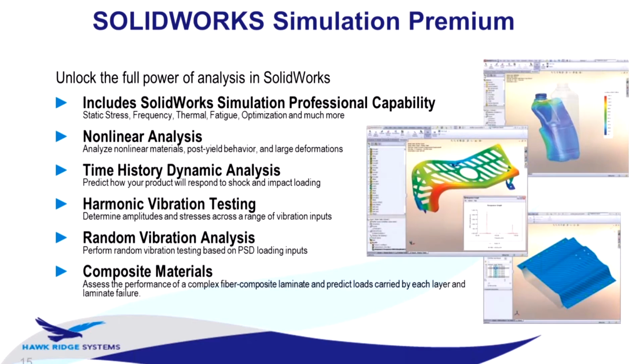One is dynamic loading, and the other is nonlinear effects. The third one is composite material analysis, analyzing the strength of a laminate or a layup of different layers of composite material, typically a fiber composite with fibers running in different directions.